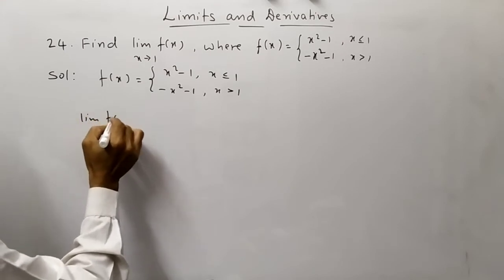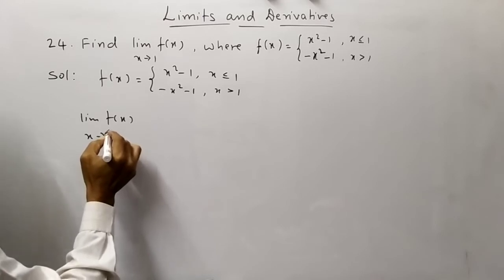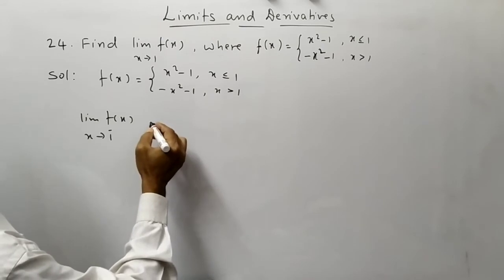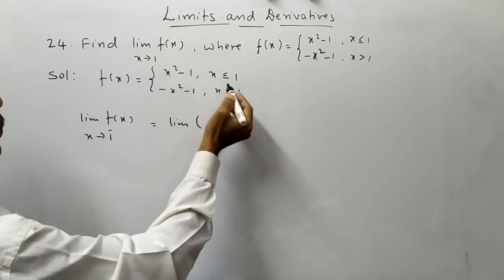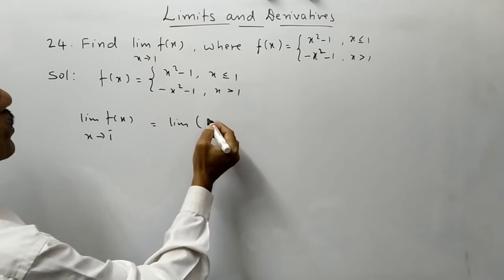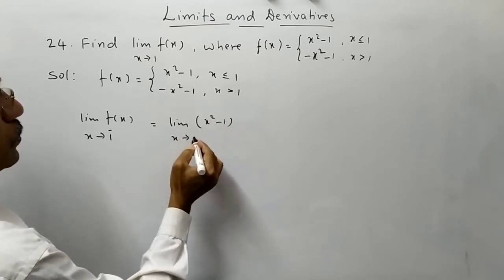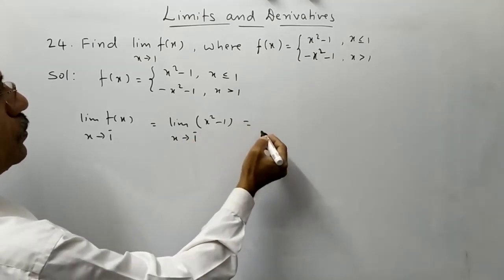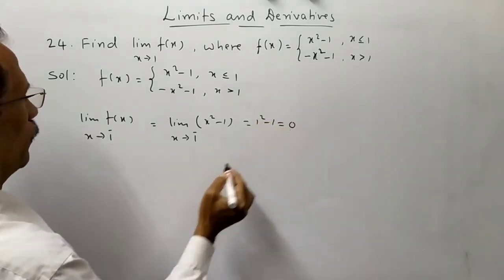Limit of f of x when x tends to 1 from left side, that is LHL, is equal to limit of, for x less than 1, function is f of x equal to x square minus 1 when x tends to 1, is equal to 1 square minus 1 is equal to 0.